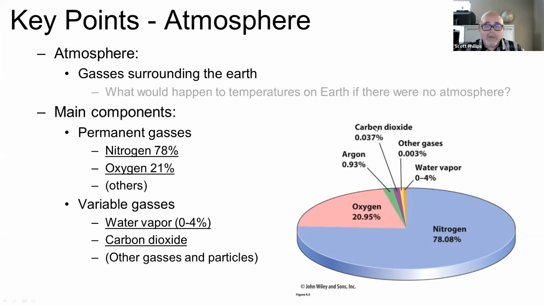Carbon dioxide is very, very small, like 4 parts per 10,000 of our atmosphere, much less than 1%, but it plays an important role in the warming and maintaining of the temperature of the Earth. Water vapor does the same as well, but we're going to pay particular attention to carbon dioxide because water vapor doesn't really change that much over time, but carbon dioxide has for human reasons as well.